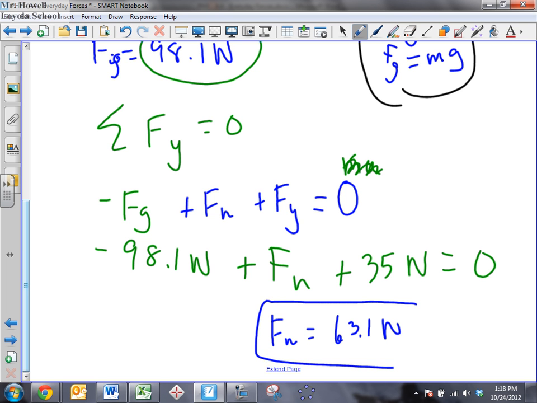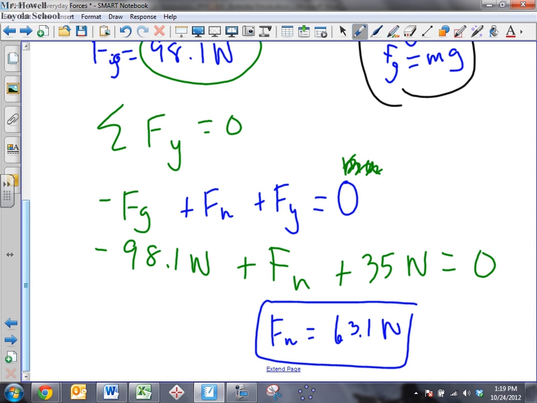Because you got a negative on the left side, then move it over. This makes sense because normally the table needs to provide a full 98.1 newtons, but because I'm helping with 35 newtons, it only has to provide the difference, whatever's left over. So the normal force in this problem is not the opposite of the weight because I started helping with a force up.